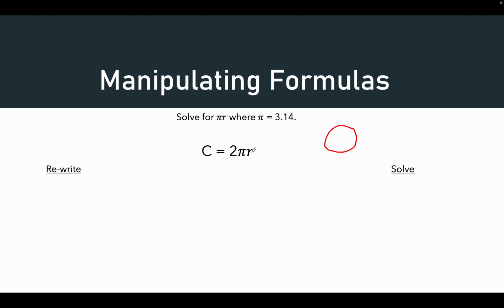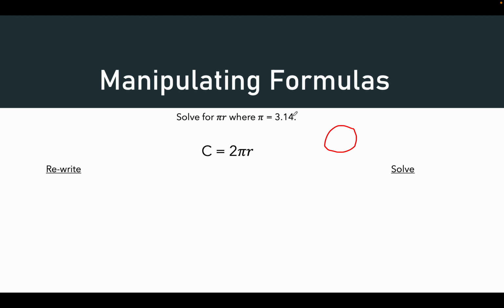So here's the thing. What if I need to figure out what r is? Now remember that pi, if you've never seen pi before, equals a number 3.1415. It goes on and on forever and ever. So it's a never-ending decimal that never ends and never repeats.